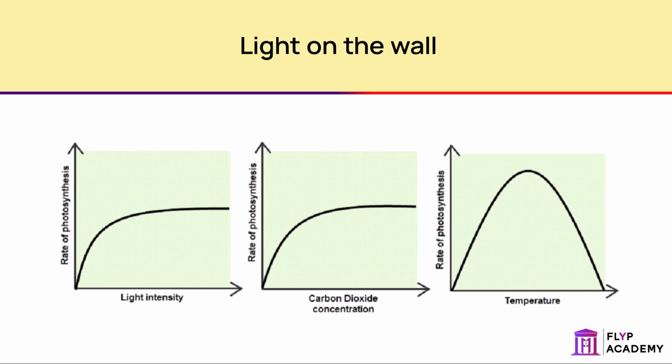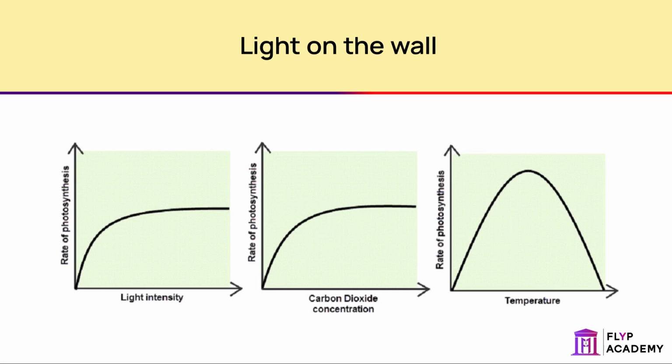This means that increasing temperature up to the optimum, increasing the light intensity, and increasing the amount of carbon dioxide available will all increase the rate of photosynthesis. The amount of chlorophyll in the leaves will also affect the rate of photosynthesis, as it is the green chlorophyll that absorbs the sunlight.